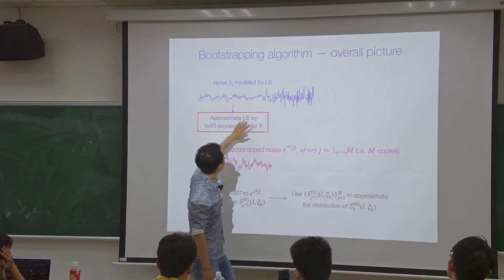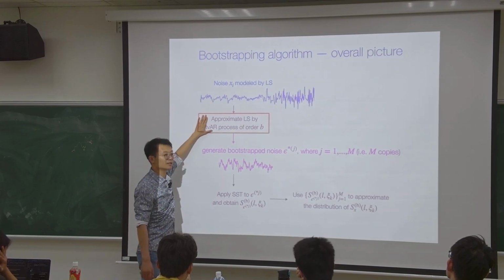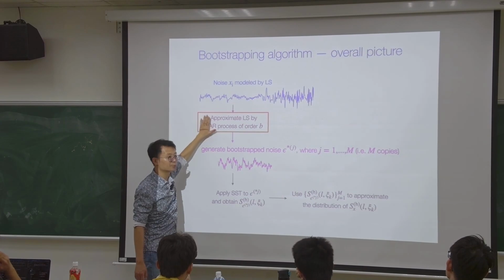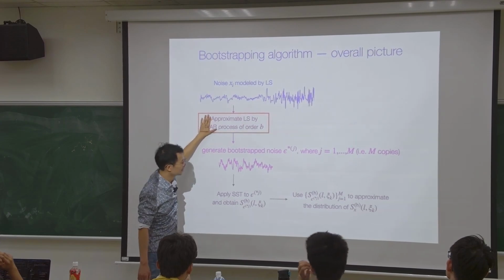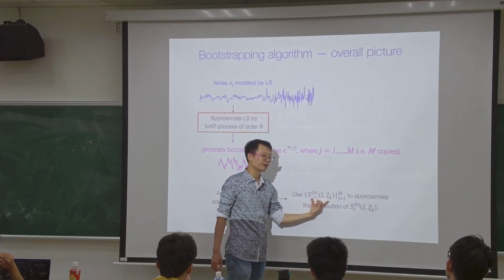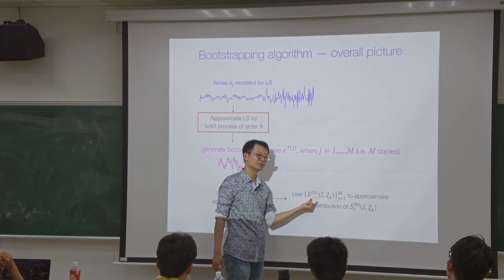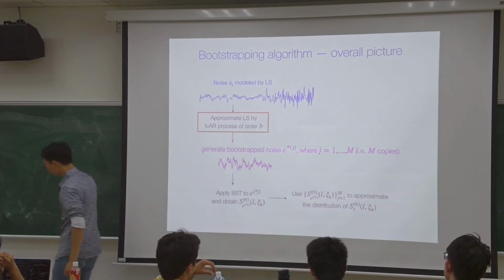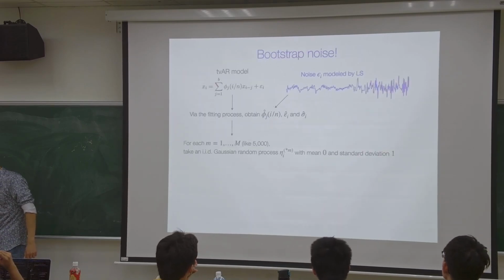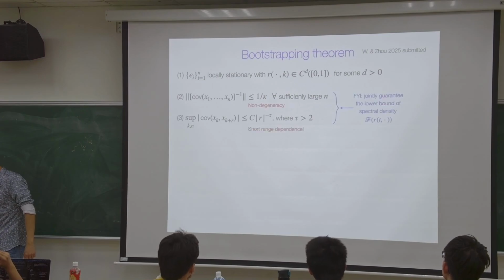Depending on how well you can approximate the locally stationary random process, you can show how accurately you can approximate the distribution of this random process. I will tell you details next time about how to do the fitting and the theory.